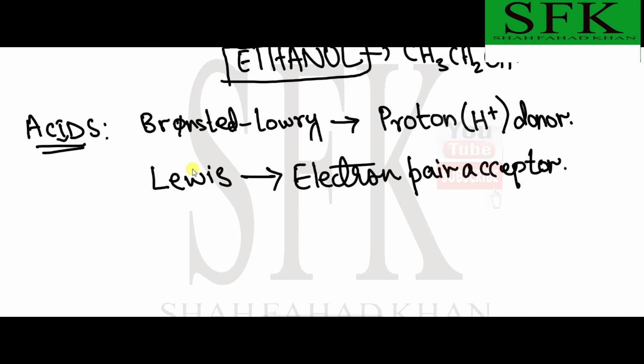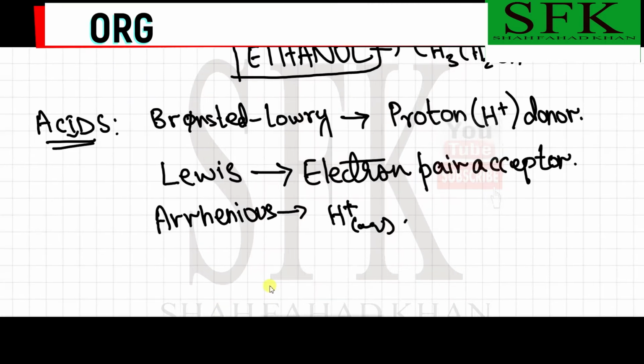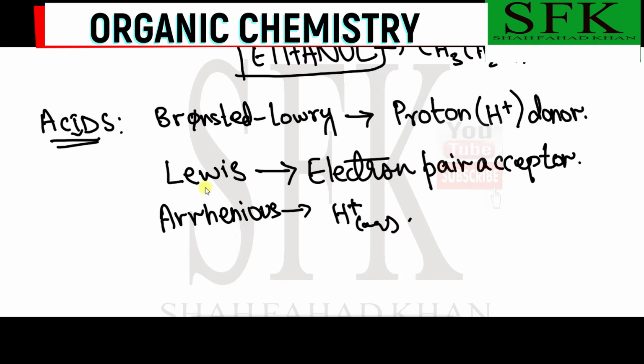And the third definition is according to Arrhenius: any substance that dissociates in aqueous solution to produce H positive ions is an Arrhenius acid. Okay, so these are the three different definitions of acids. The more important ones are the Bronsted-Lowry and the Lewis definitions.